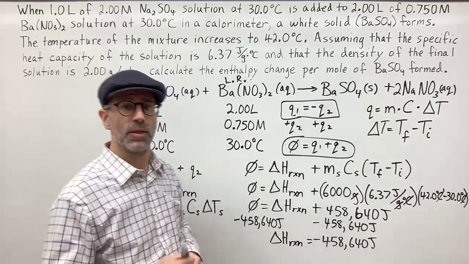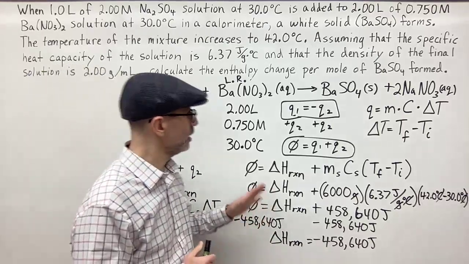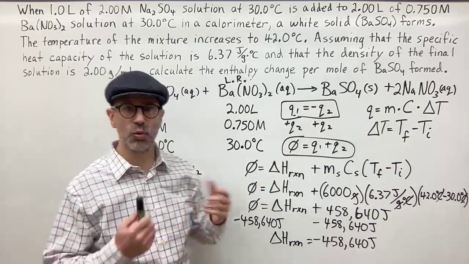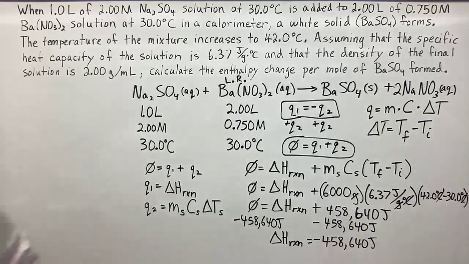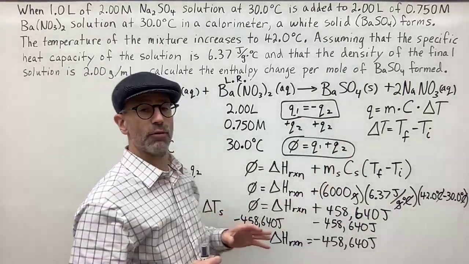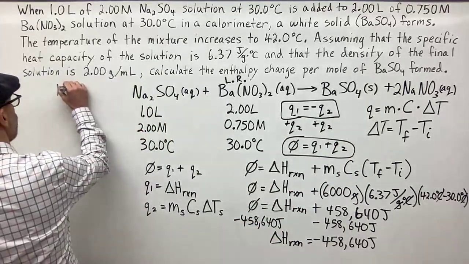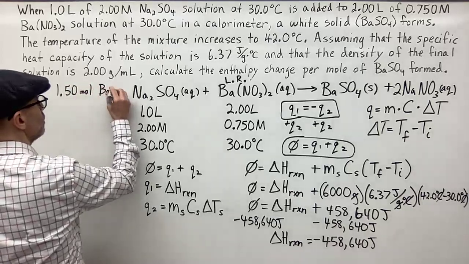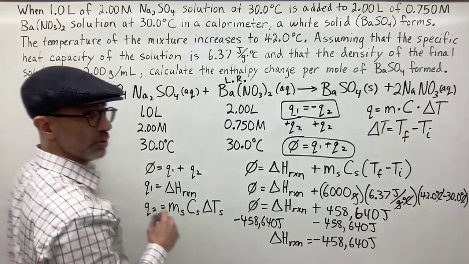So remember, what did I say before? The amount of this that was formed was 1.5 moles. Let me just double check, make sure. Yeah. So remember, I erased it, but we formed 1.50 moles of the barium sulfate, right?